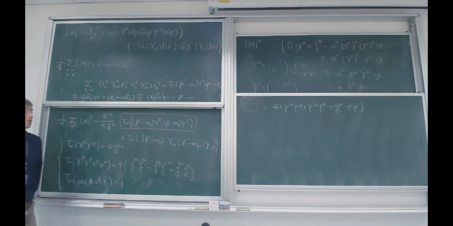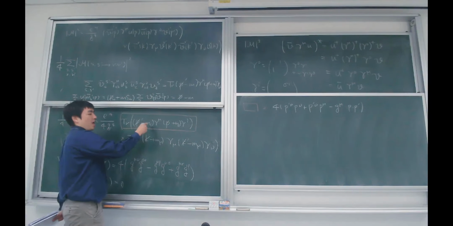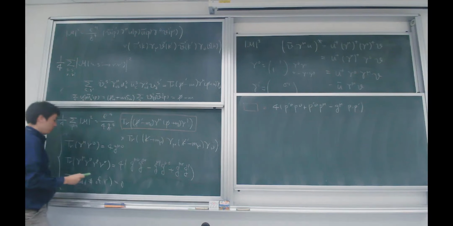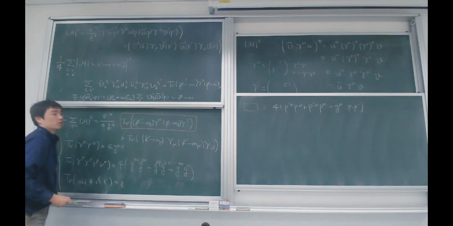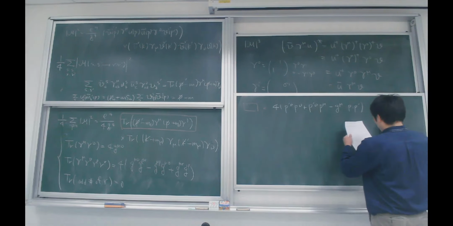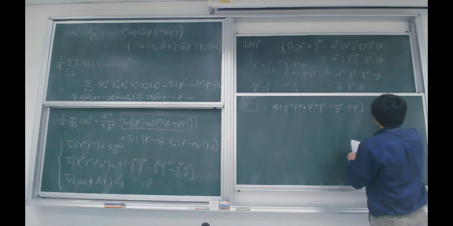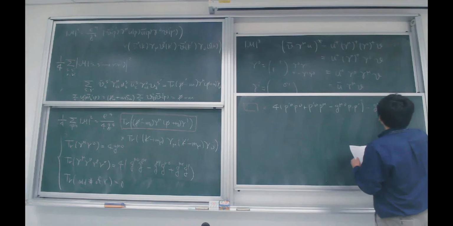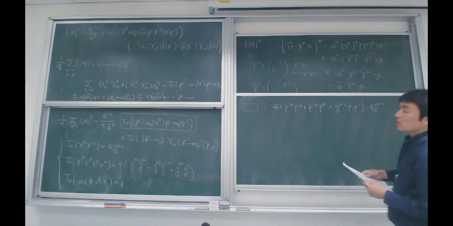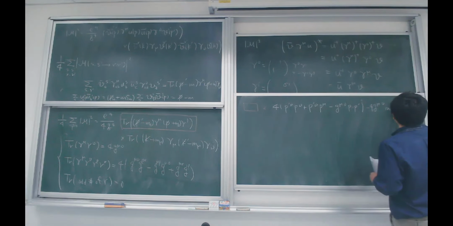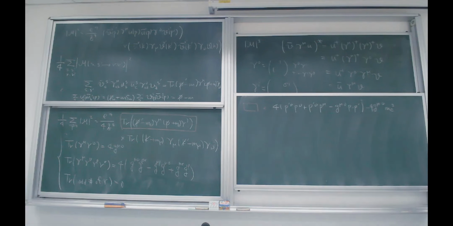Then what we need to look at is m times m with gamma mu and gamma nu. That will give you g mu nu. Therefore, what we have is minus g mu nu, 4 times m squared. That's what we have.